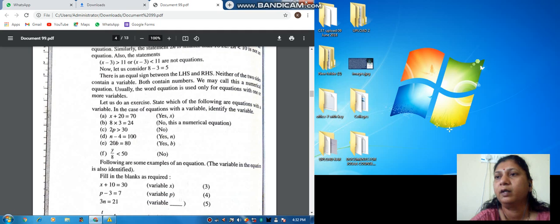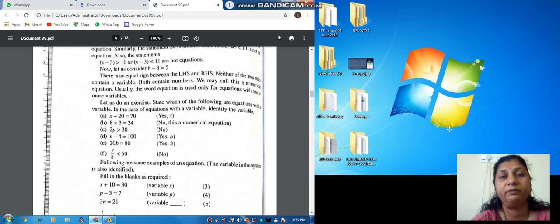Now see here, let us do an exercise. State which of the following are equations with variables, and in each case of an equation with a variable, identify the variable. So some equations are given. You have to find whether there is any variable, and if yes, which it is. Okay, so let's start. x plus 20 is equal to 70.